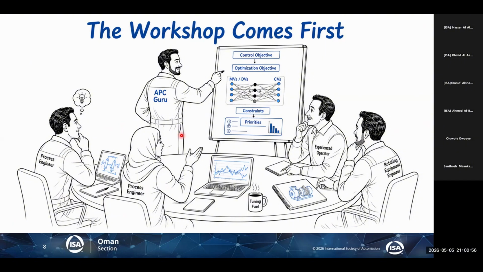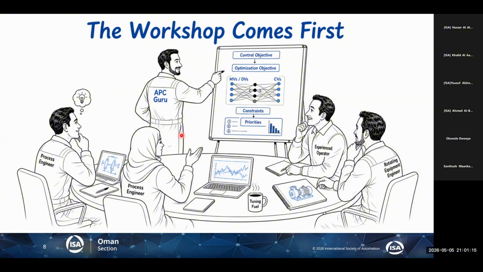There's a flow controller at low flow, he puts it in manual, for example. The APC engineer should also hear from the process engineer explaining the operating philosophy, the economics, the constraints.